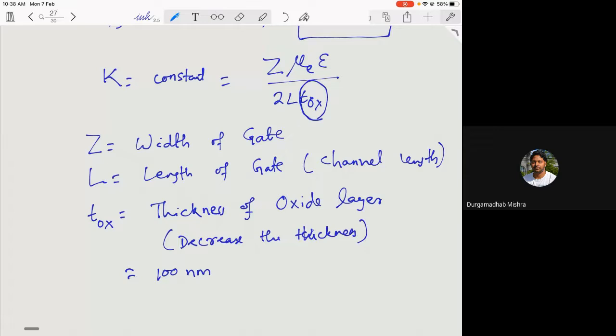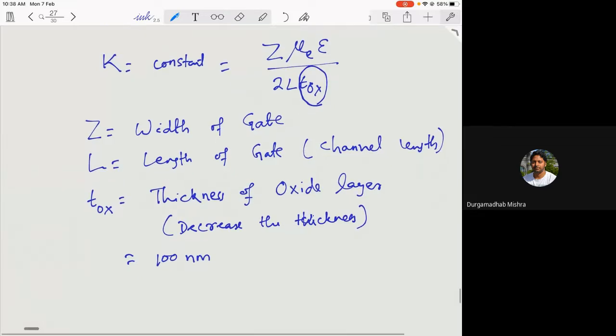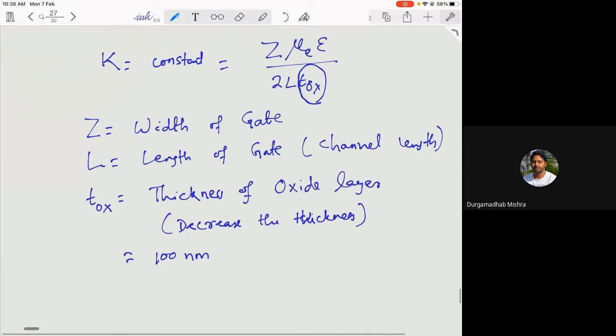So this is a challenge in the fabrication process. In industry, they do use this trick to reduce the thickness so that they can improve the device drain current. This is one way you can control that.